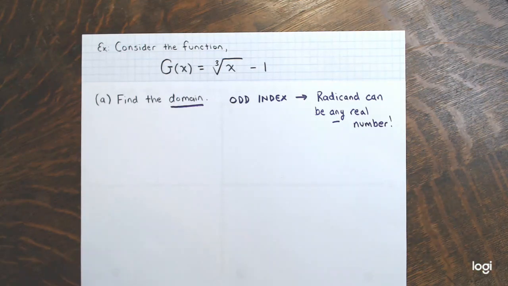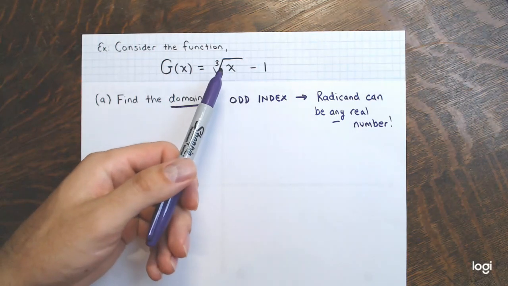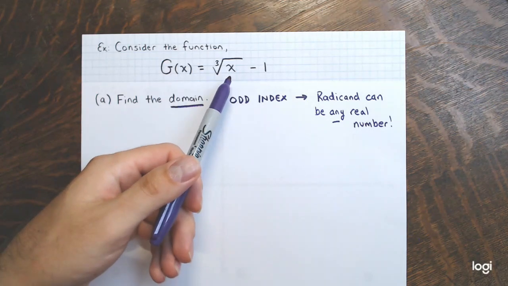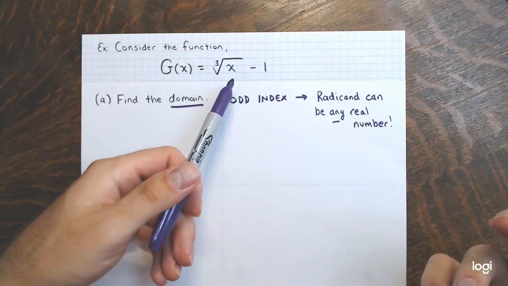So it wasn't like even indices. When you took a square root or a fourth root, the radicand has to be non-negative, it can't be negative. But with cube roots and fifth roots and seventh roots, odd roots, the radicand can be anything.